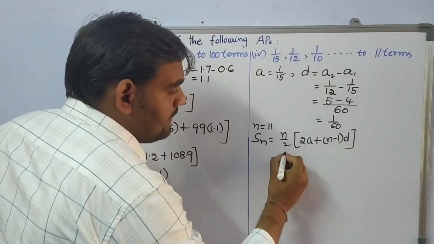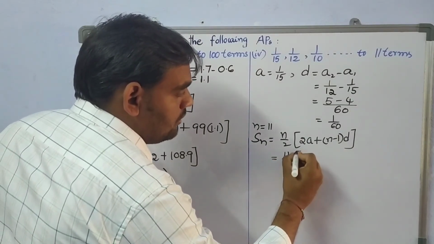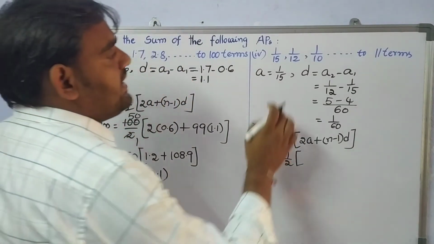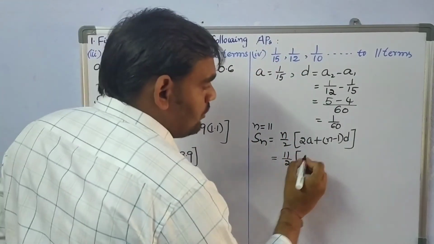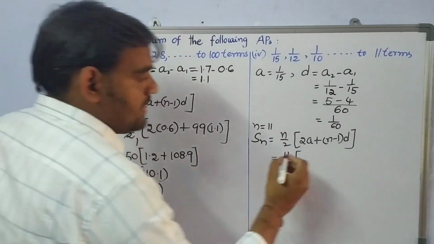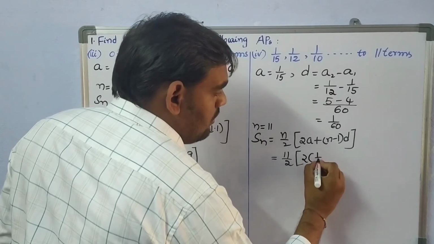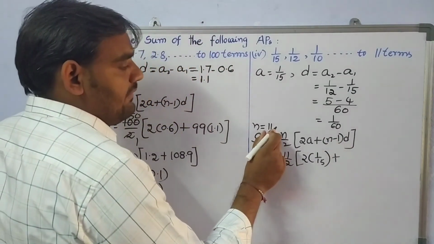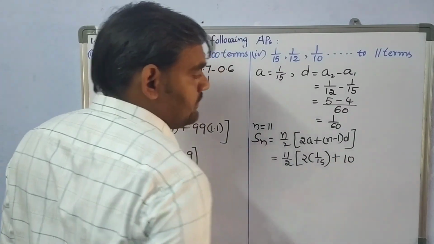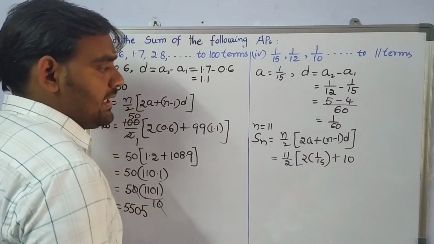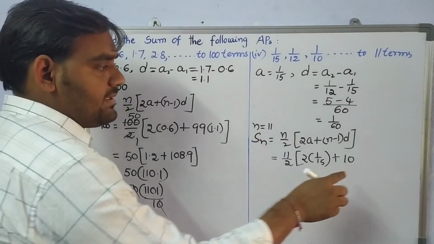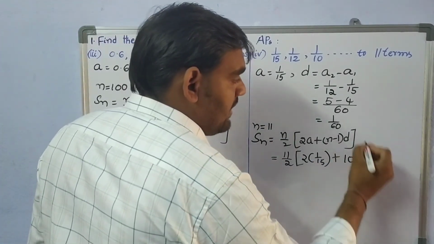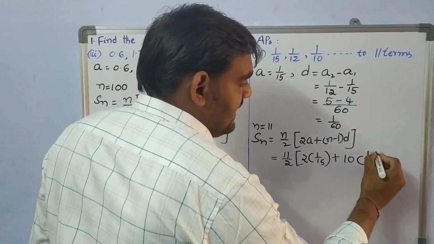See here, n is nothing but 11. 11 by 2 into 2a. a is nothing but 1 by 15, so 2a is 2 into 1 by 15, plus n minus 1. n is 11, so n minus 1 is 10. So 10 into d, the common difference, 1 by 60.